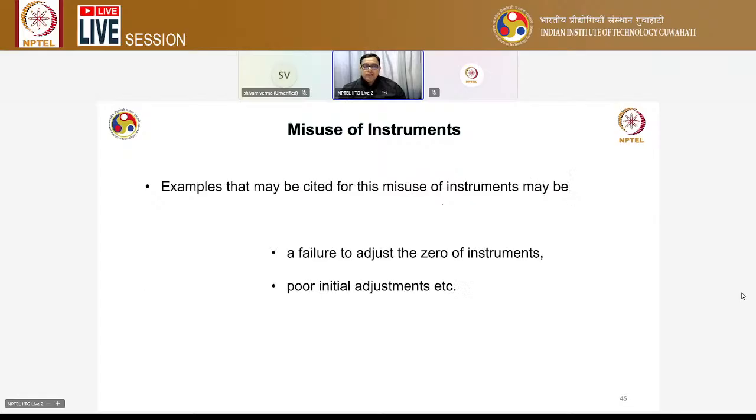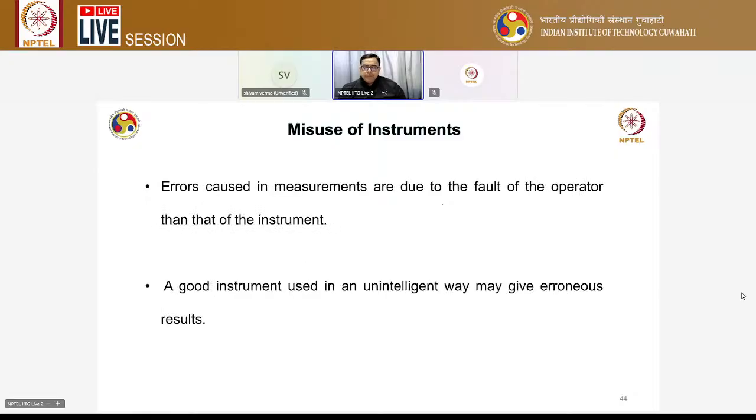Let's try to understand this with one example. Say you have a voltmeter which reads very accurately from 100 to 200 volt. Now you have another voltmeter, say a microvoltmeter, which can read say 1 to 10 microvolt.